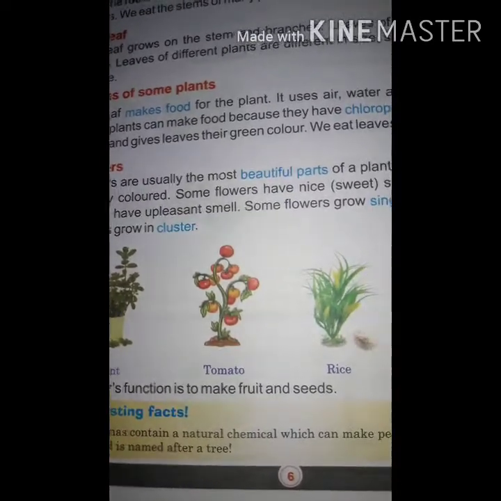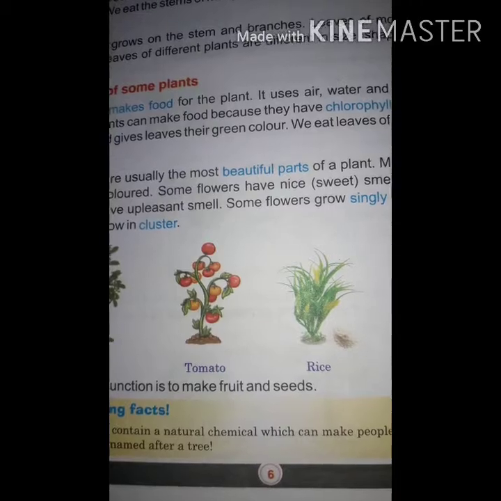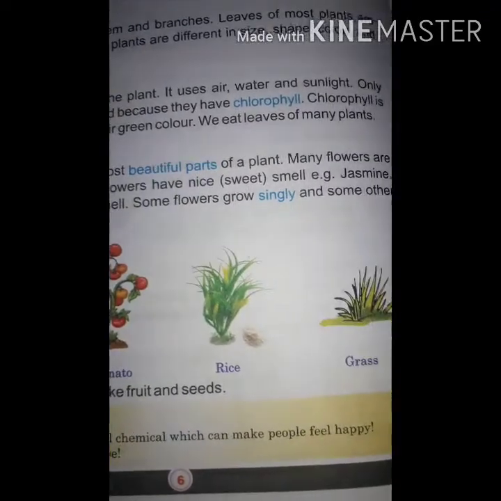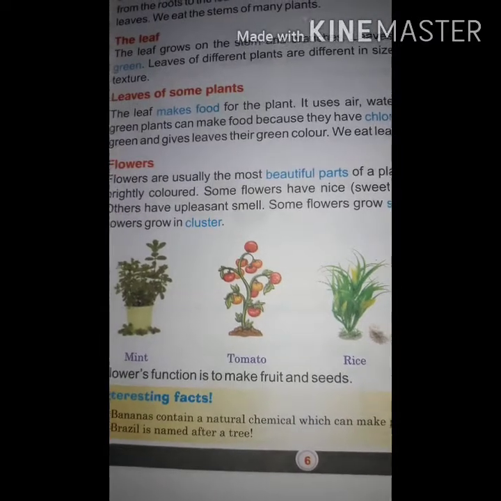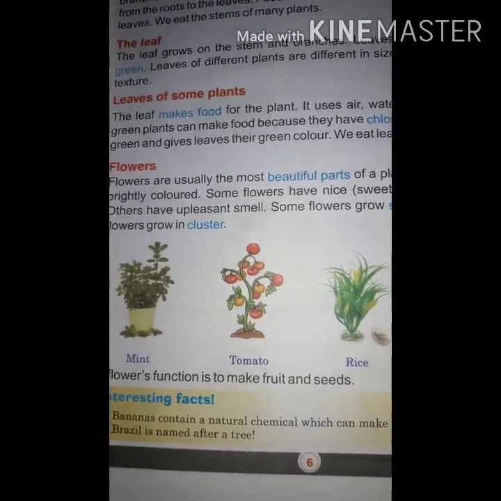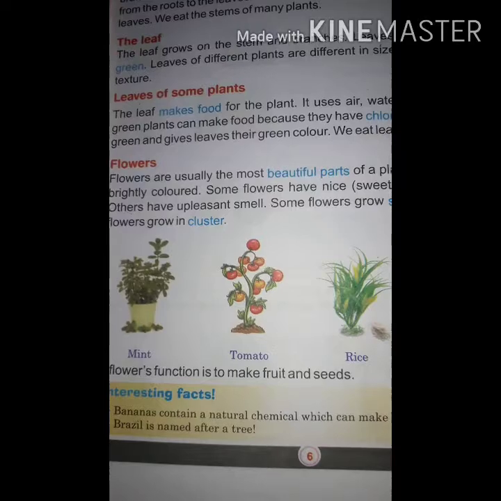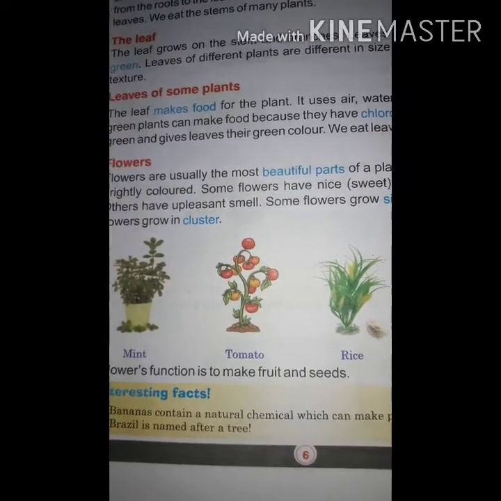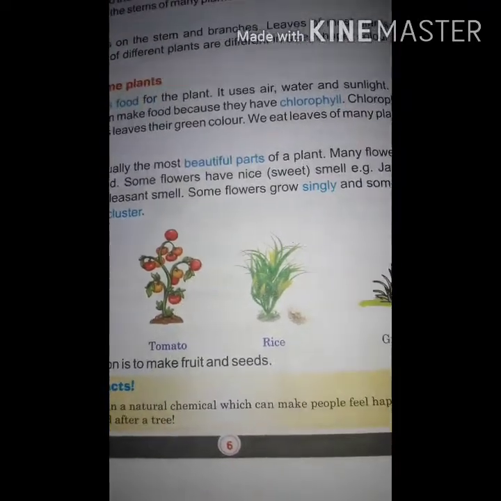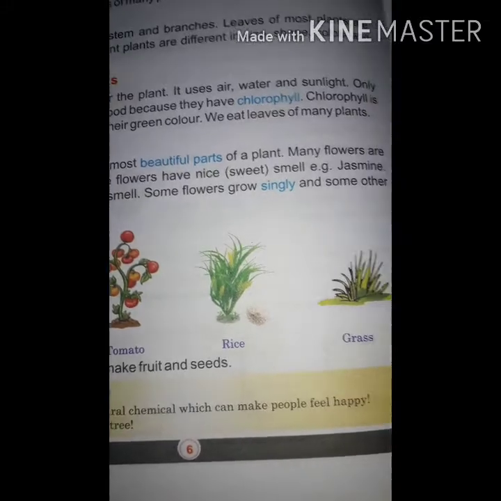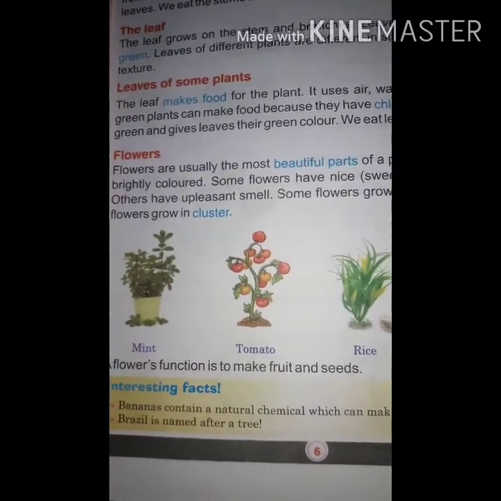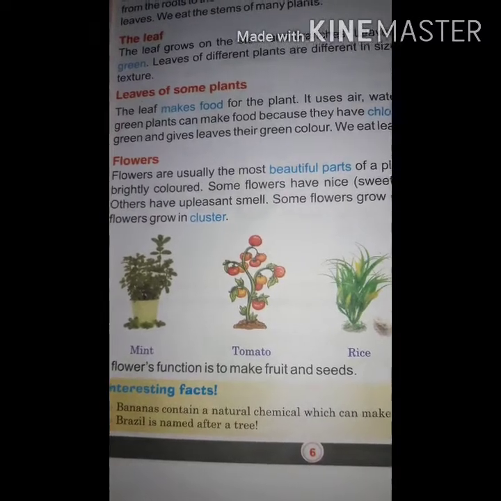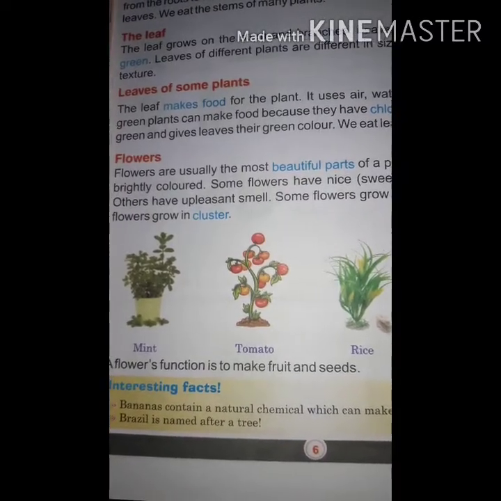Leaves of different plants are different in size, shape, color, and texture. There are differences in different leaves. They may vary in size, shape, color, and texture. Now here we will discuss the leaves of some plants.